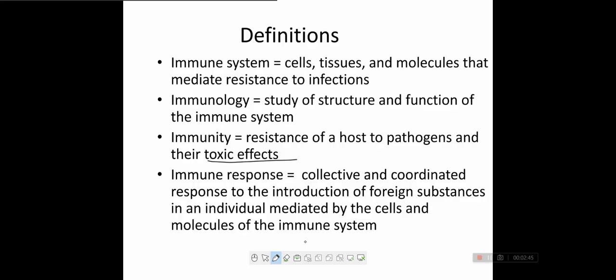Immune response: collective and coordinated response to the introduction of foreign substances in an individual, mediated by the cells and molecules of the immune system. Clear?